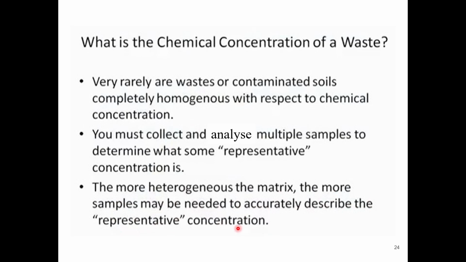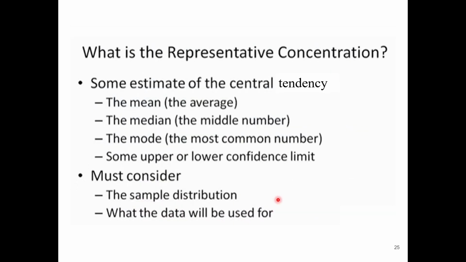So that is obvious. That is the concept of sampling. So the more the heterogeneity, the higher the number of samples required to accurately signify or represent the concentration or the population basically. So in order to accurately describe the representative concentration, more samples will be needed for a more heterogeneous matrix.